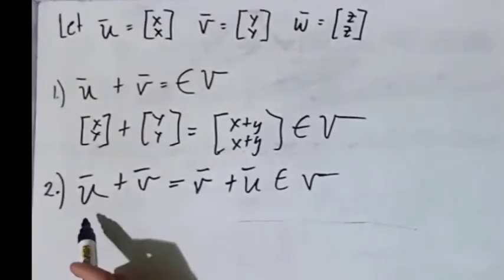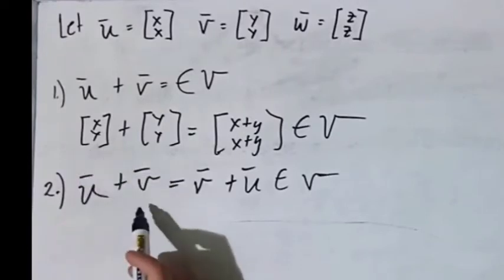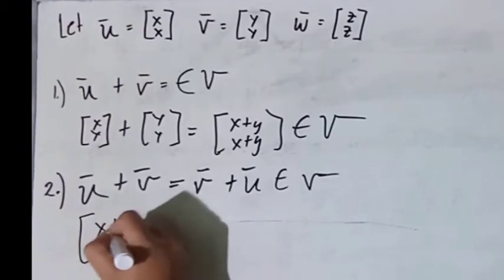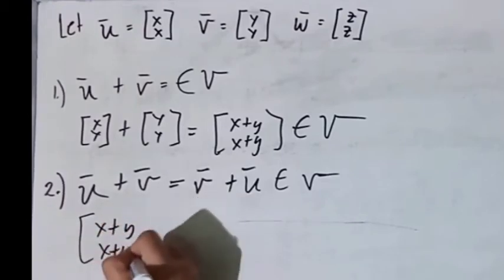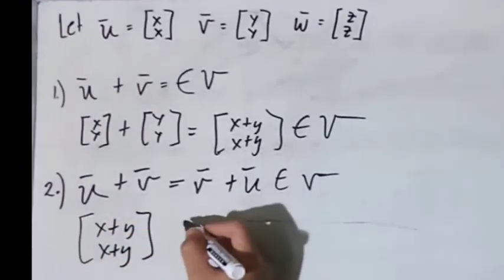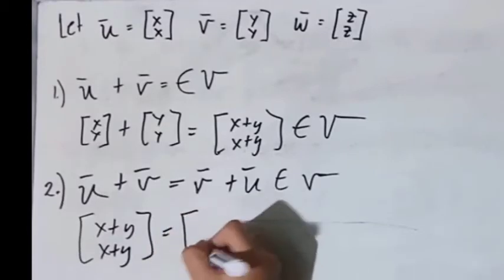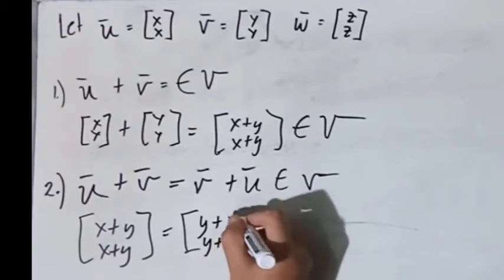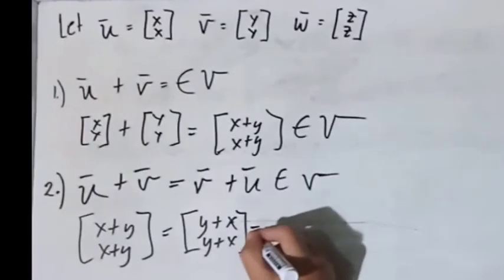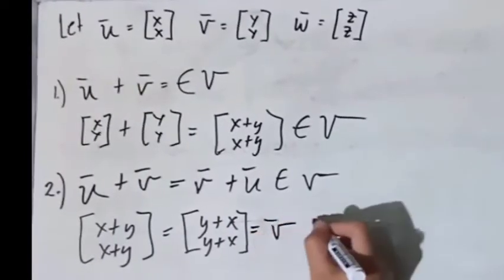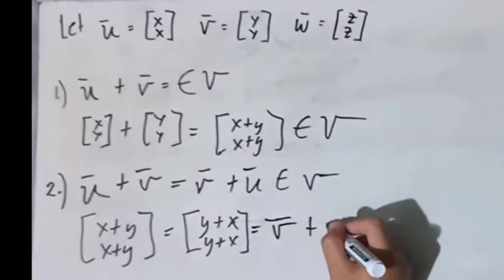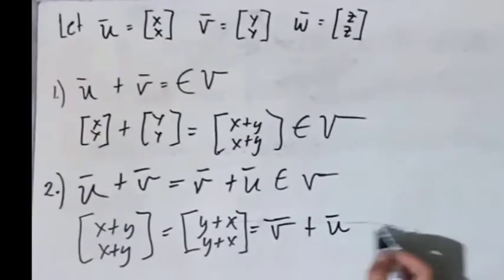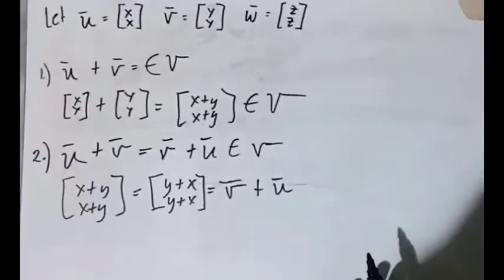So we know that vector U is (x, x) and vector V is (y, y), and the sum of that is (x plus y, x plus y), which can also be written as (y plus x, y plus x), which is also equal to vector V plus vector U. So that means it is commutative.